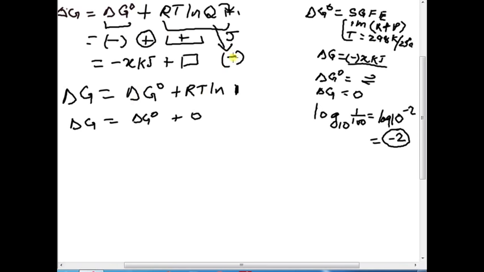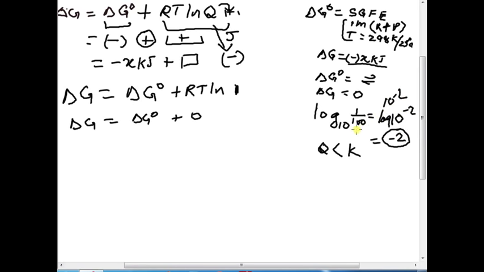If you get a plus value over here, this actually means that the reaction will move. It's not equal to K. Maybe K is actually more, till it reaches equilibrium. Before it reaches equilibrium, here Q is smaller than K. Maybe K is some other value, not 10 to the power of minus 2.